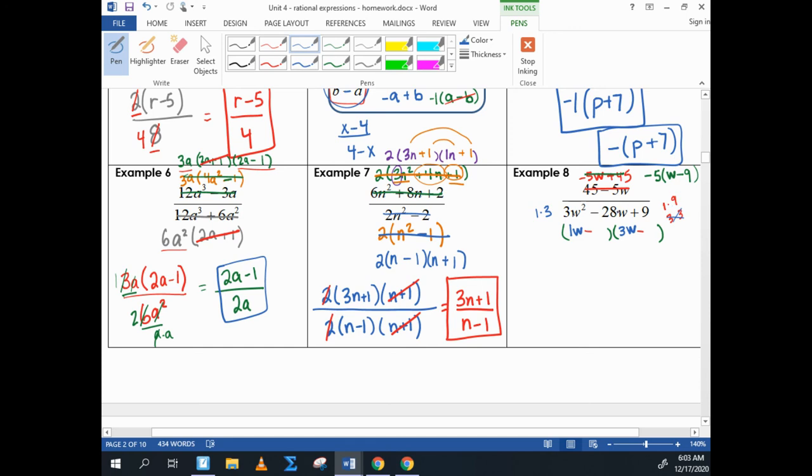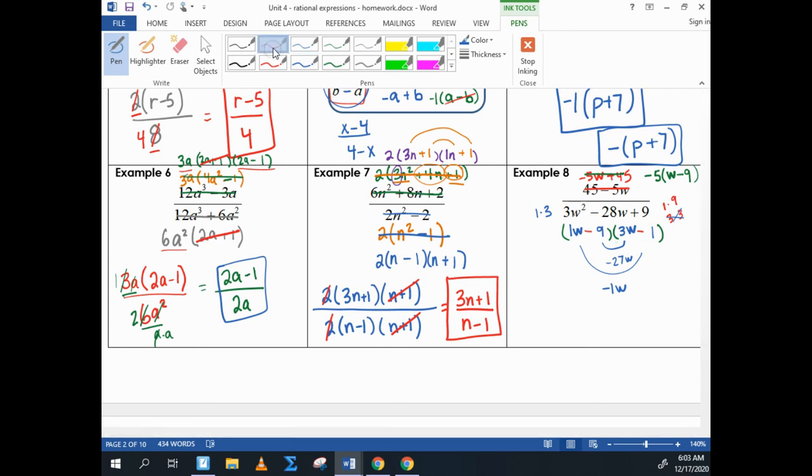All right, this 1 and 9, since I see this big number, I know I want my 3 to multiply with my 9 to get really close to this. So I'm going to put my 9 right there so that those two multiply together, and then my 1 over here. Now when I go to check this, I've got a negative 1w, and I've got a negative 27w, and those do add to my negative 28w. So I did guess the right ones there.